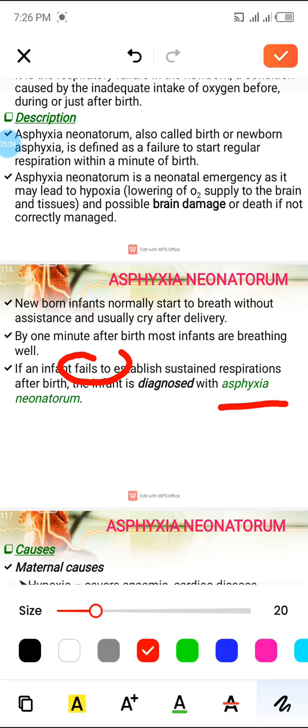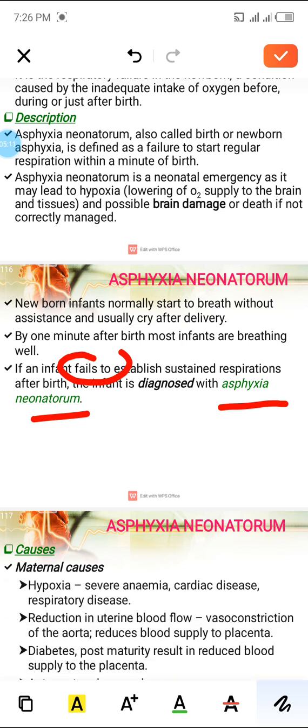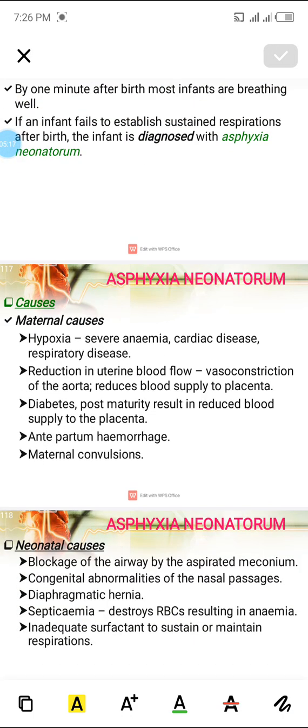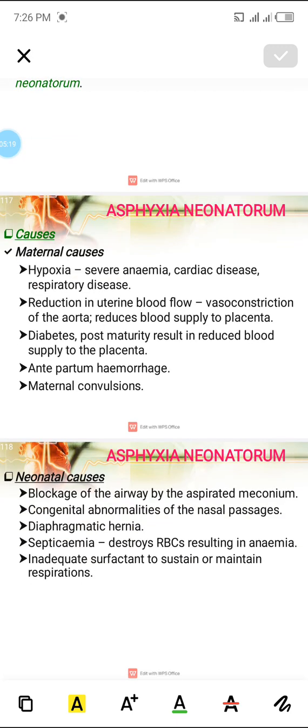Look at it and say this is asphyxia because the child has failed to initiate or sustain breathing. Then let's look at other issues in terms of the causes. In your NMCZ paper, you are asked according to the classification, maybe say the causes according to maternal causes or neonatal causes.